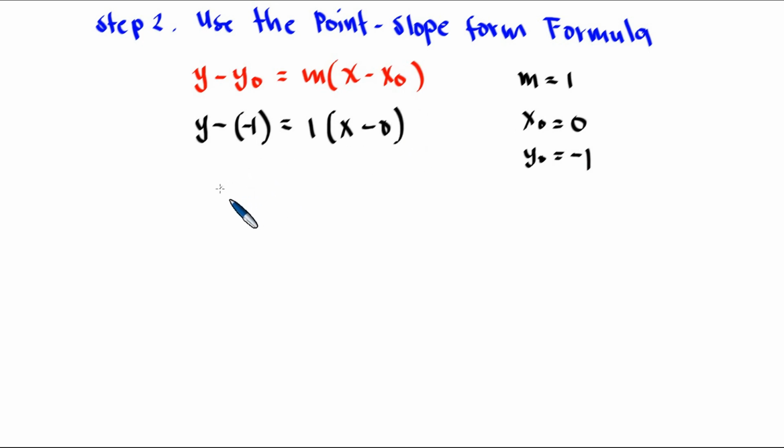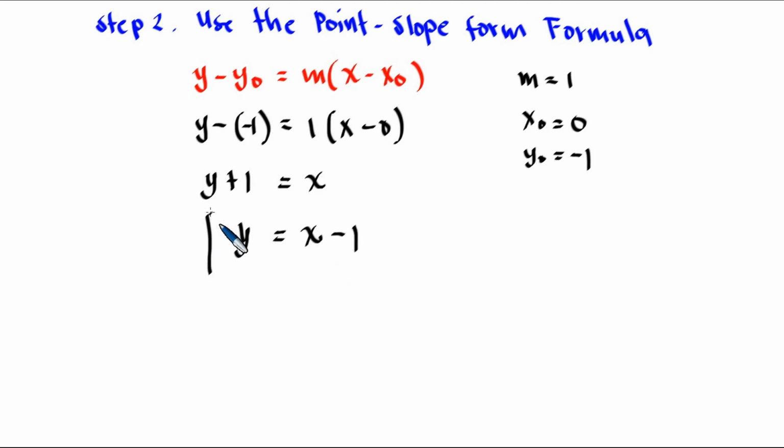Simplifying this, that gives us y plus 1 equals x. Then adding negative 1 to both sides, that gives us y equals x minus 1.